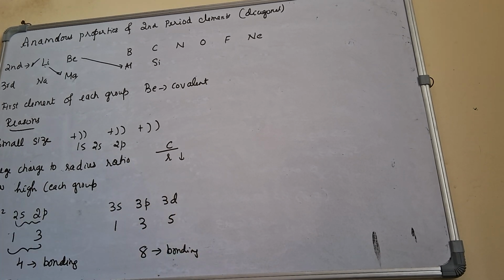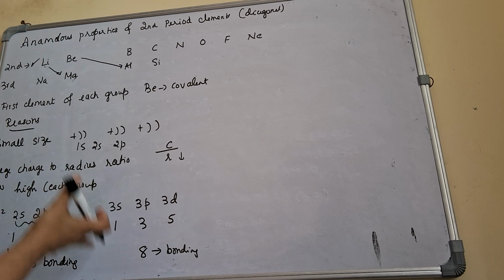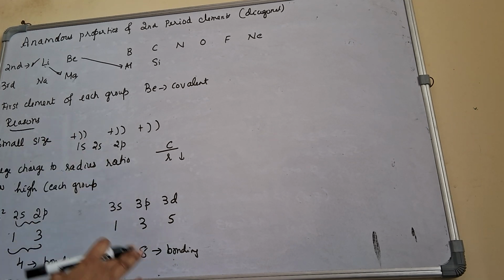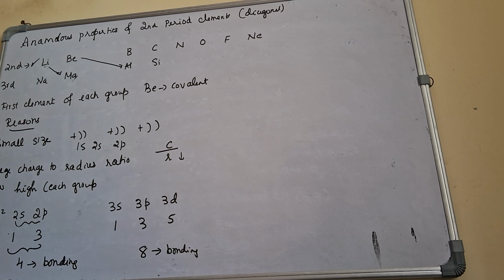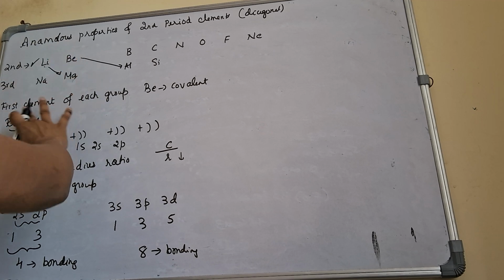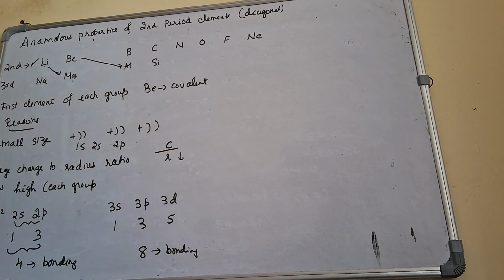Right. Maximum covalency of the first member of each group is 4. That means it can form a maximum of 4 bonds because it only has 4 orbitals. Whereas the others can expand their valence shell to accommodate more than 4 pairs. Down the group they can expand because they are getting more and more space.